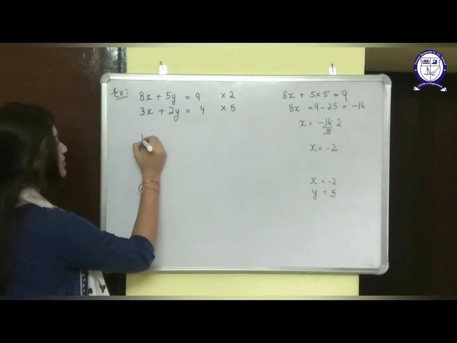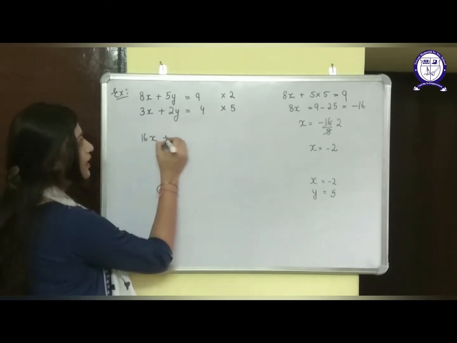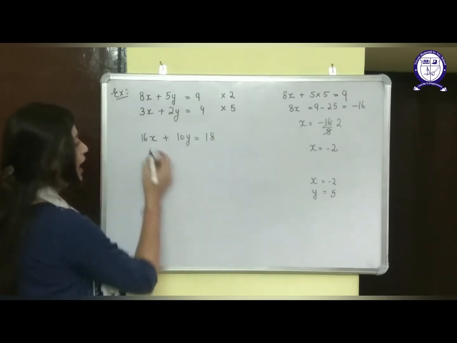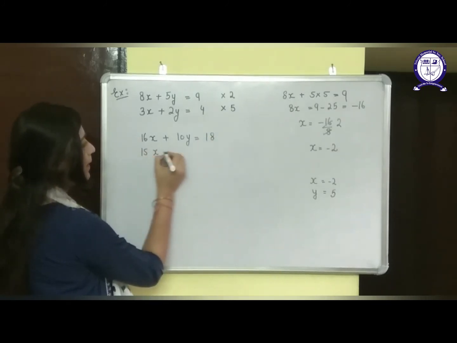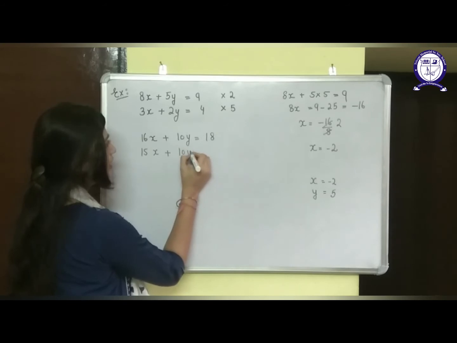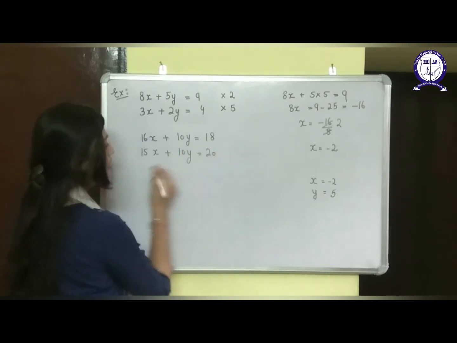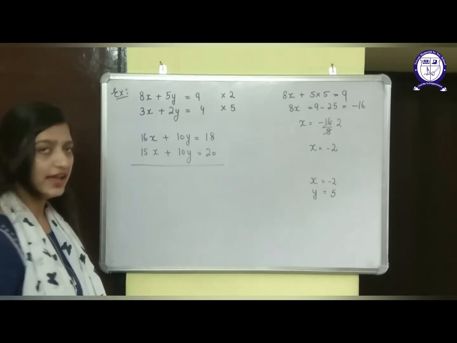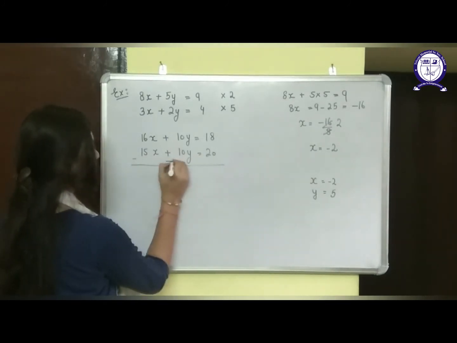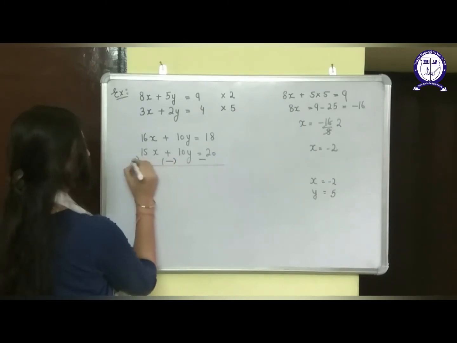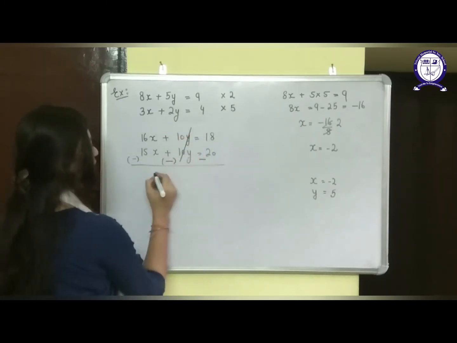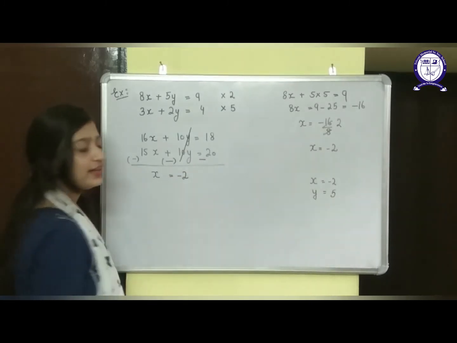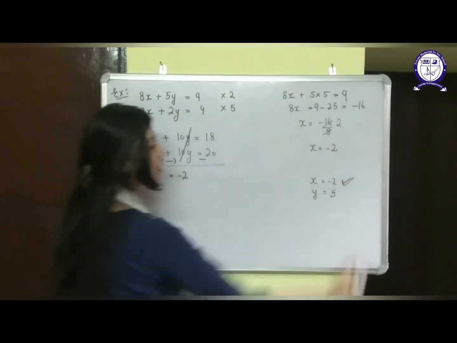So the equations become 16x plus 10y equals 18 and 15x plus 10y equals 20. Now again I will change the sign to eliminate y. It will cancel, and x equals minus 2. I can see that here I got x equals minus 2.